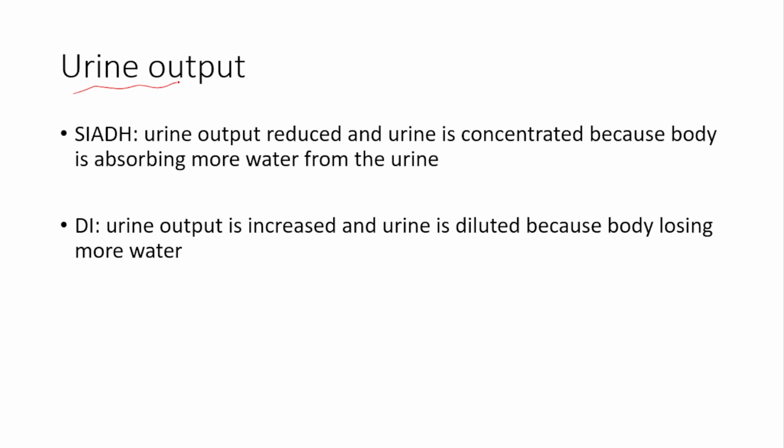Now for the urine output. In SIADH, the urine output is reduced and the urine is concentrated because the body is absorbing more water from the urine. In diabetes insipidus, the urine output is increased and the urine is diluted because the body is losing more water.